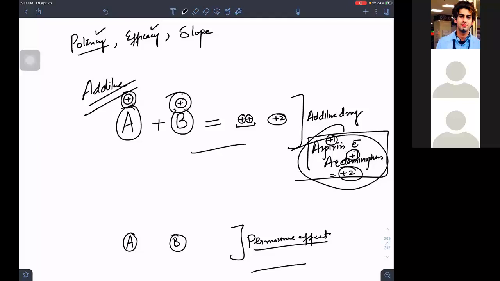Antagonistic drug effect is that you have a substance A and a substance B, you are giving them together, and the sum of their effects is less than their individual effects. This will be seen with ethanol, the drug of choice or antidote for methanol toxicity.